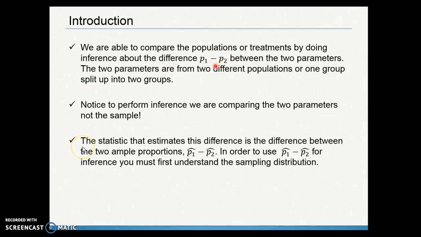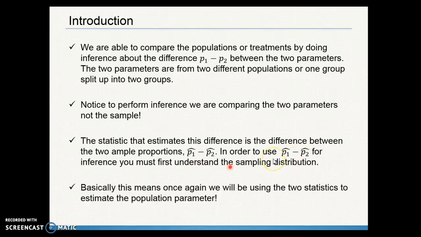After we've determined, I think the population proportion of 1 is bigger than the population proportion of 2, we're going to take a sample. That sample gives the statistic that estimates the difference between the two population proportions, the difference of P hat 1 and P hat 2. In order to use P hat 1 and P hat 2, we have to make sure that we understand what the sampling distribution looks like when I actually subtract the two proportions.